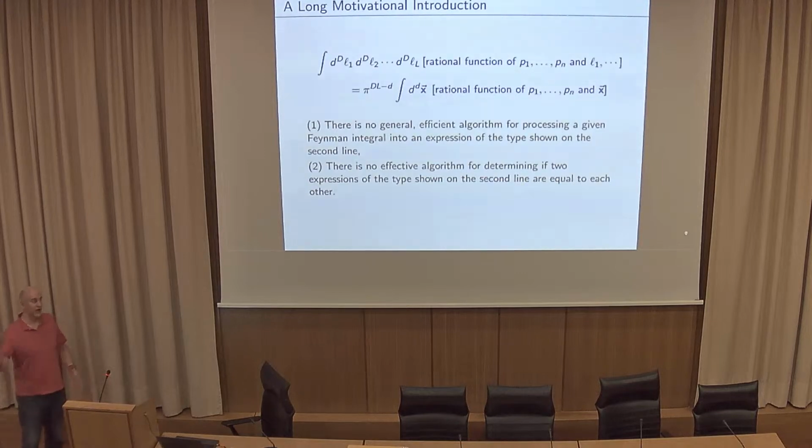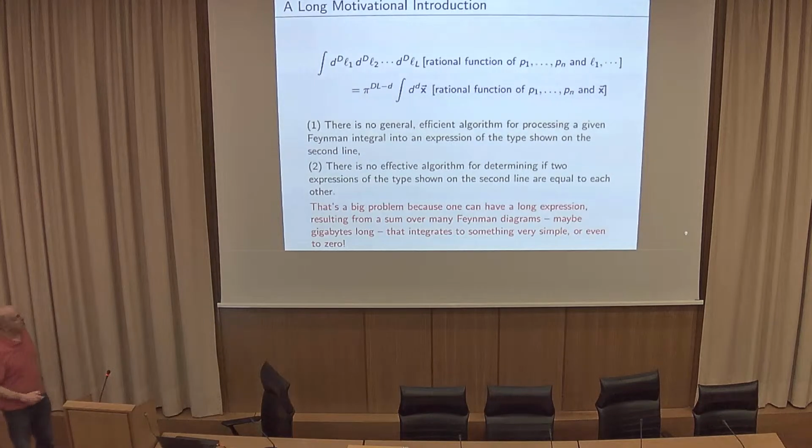So if you and your collaborator are trying to evaluate the same Feynman integral, and you use one trick, and your friend uses another trick, you might have some formula, and they might have a different formula. Each one is a gigabyte long. They look nothing like each other, but secretly they're equal to each other, hopefully, or you want to check if they're equal to each other.